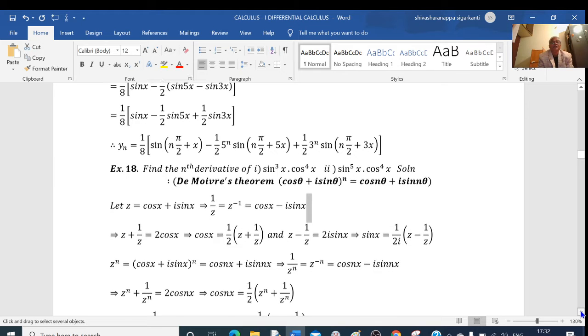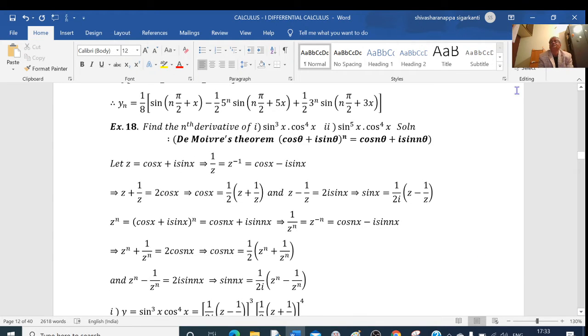Now if I add these two, z plus 1 by z: i sin x minus i sin x gets cancelled, and cos x plus cos x is 2 cos x. So cos x can be written as 1 by 2 into (z plus 1 by z). And if I take the subtraction z minus 1 by z, cos x minus cos x gets cancelled, and i sin x plus i sin x is 2i sin x.